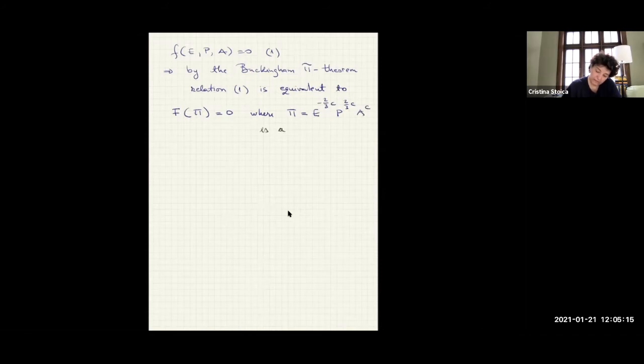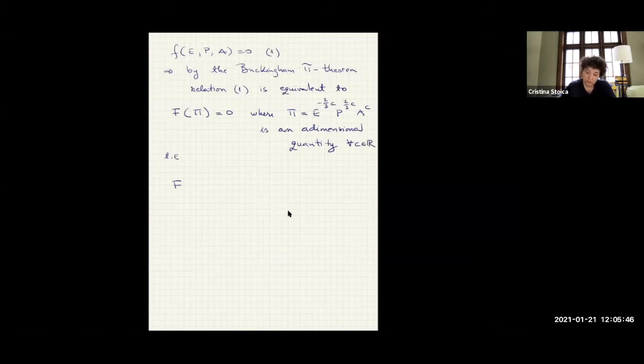is an a-dimensional quantity, a-dimensional meaning it doesn't have dimensions. So now I'm going to substitute those powers, and that's happening for any c in R. We can choose c whatever we want.